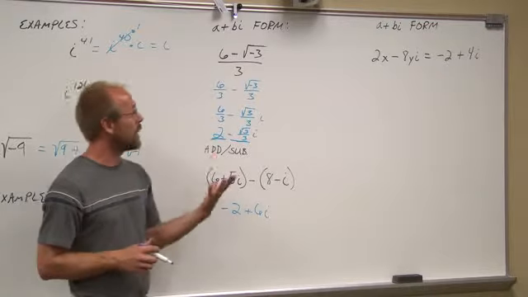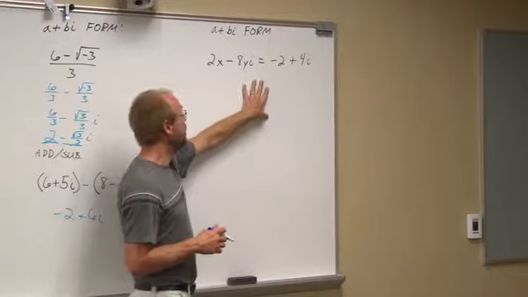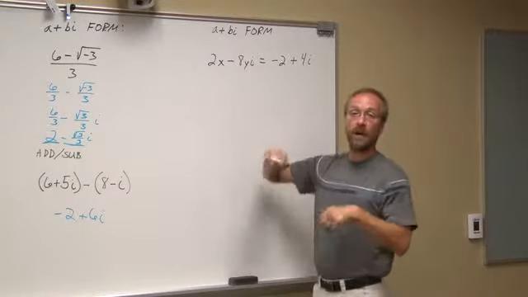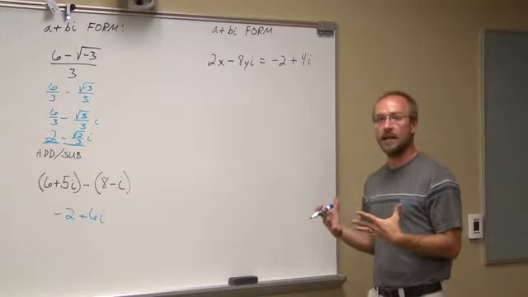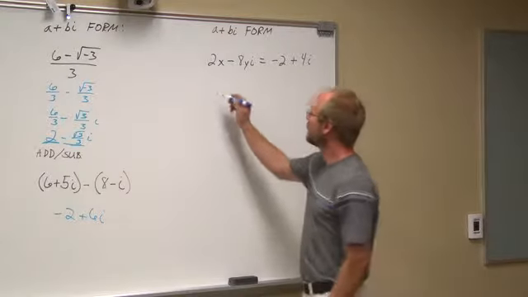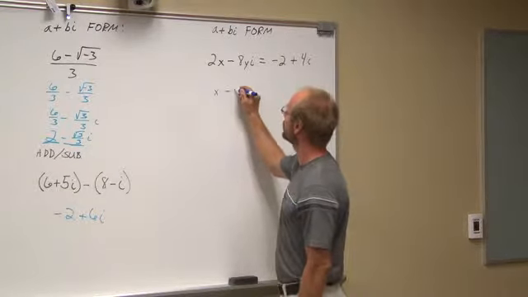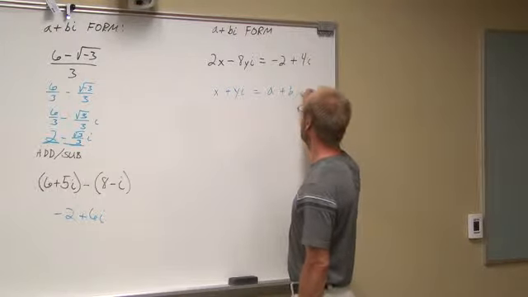Now, in the homework problems, you're going to see similar problems to this. All right? What this is asking you to do is solve for x or solve for y. Essentially, what it's asking you is, what is my a term? What is my b term in the complex number system? Well, just for a moment, let's just say x plus yi equals a plus bi.